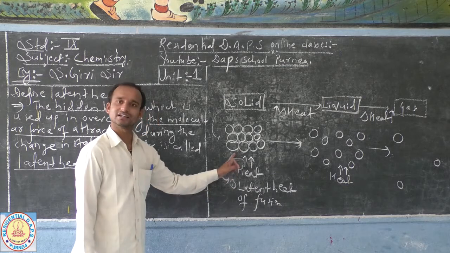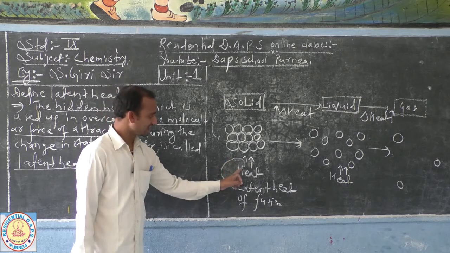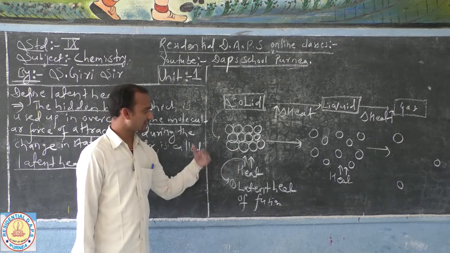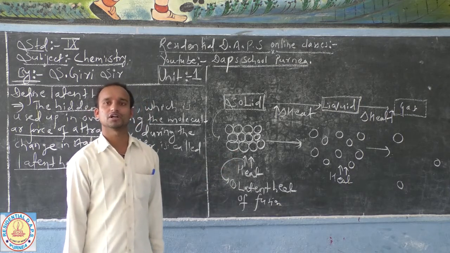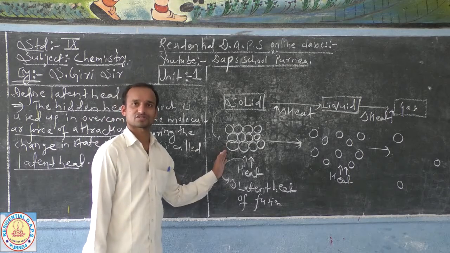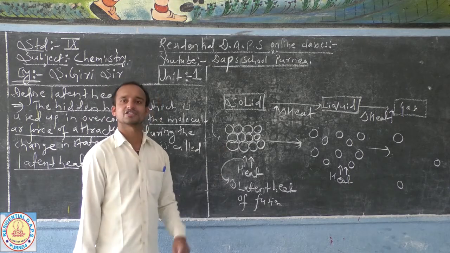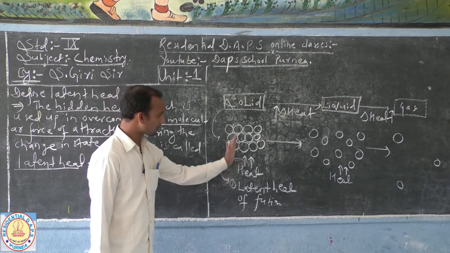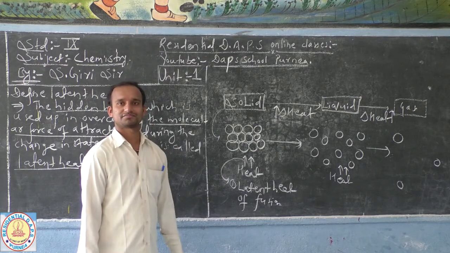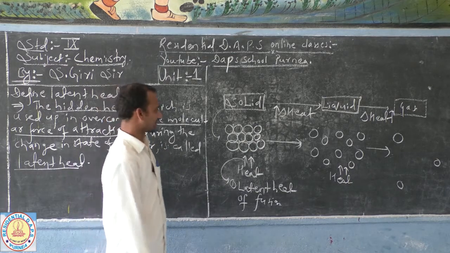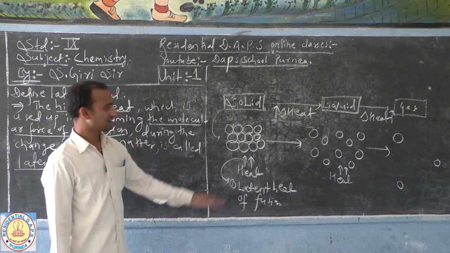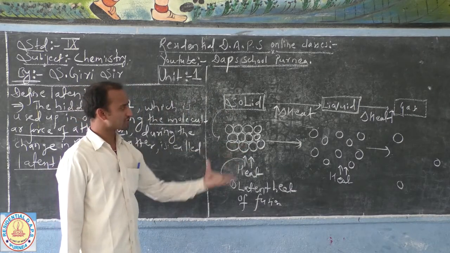Now when you apply heat, at first, most of the heat is used in breaking the molecular bonding of the solid molecules without raising the temperature. So at that time the temperature will not rise. When all this molecular bonding breaks, then the temperature starts to rise. Then it starts to change rapidly into liquid, and again you start to heat.